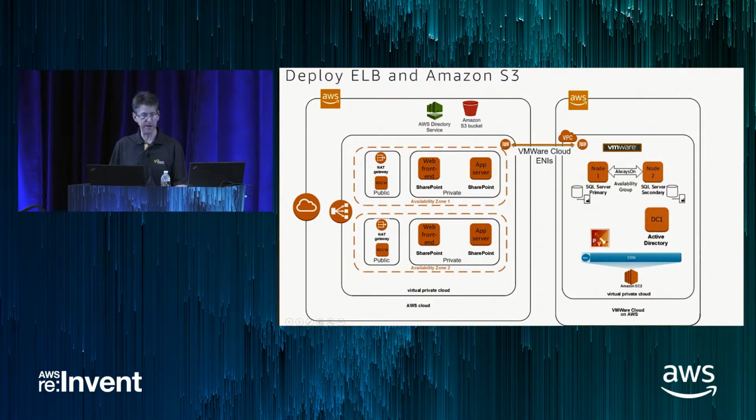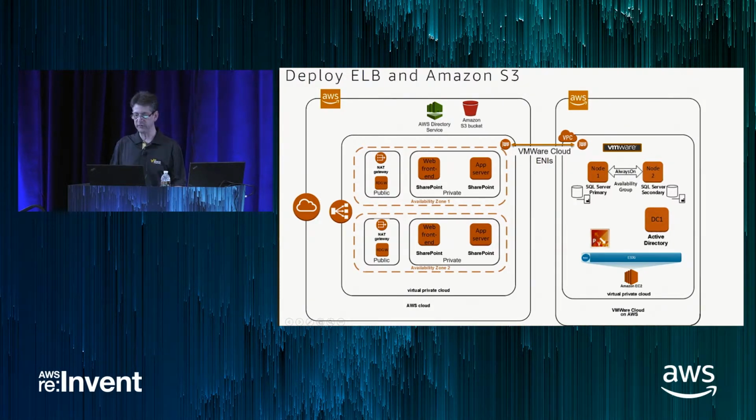At the same time, I added the Amazon S3 bucket, so that one of the technologies that works really well with SharePoint is RBS, remote blob storage, where you can take files out of SharePoint and store them, for example, in an S3 bucket. Typically Microsoft recommends that you store large blobs, instead of in SQL Server, you externalize them to an object store or a file system.